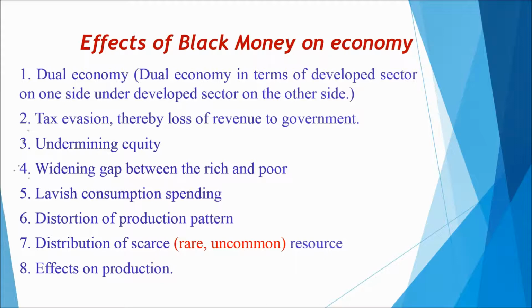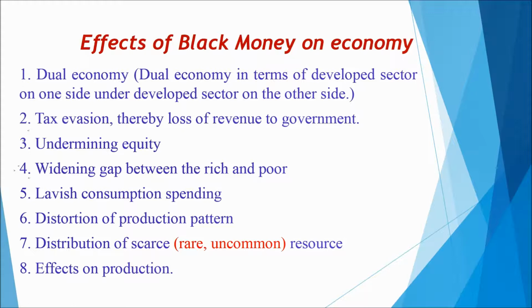So, because of the false accounts which they are producing, there is a loss to the government, that is tax evasion. The next one is undermining equity. Because of the black money, there is no equal economic growth in the society.